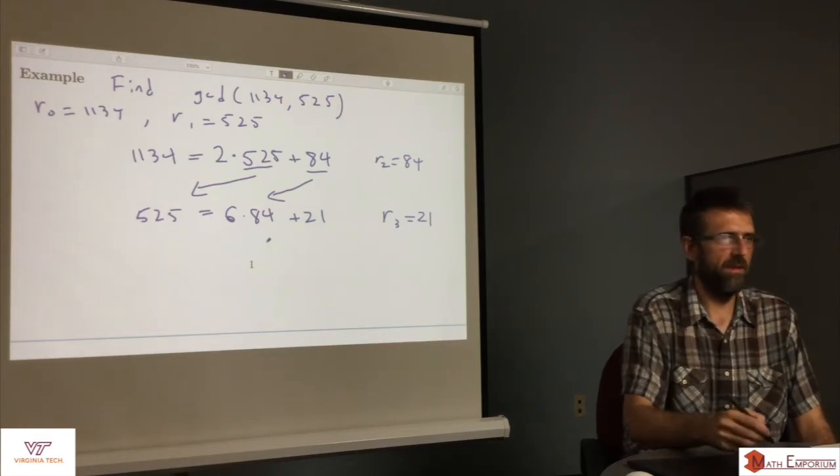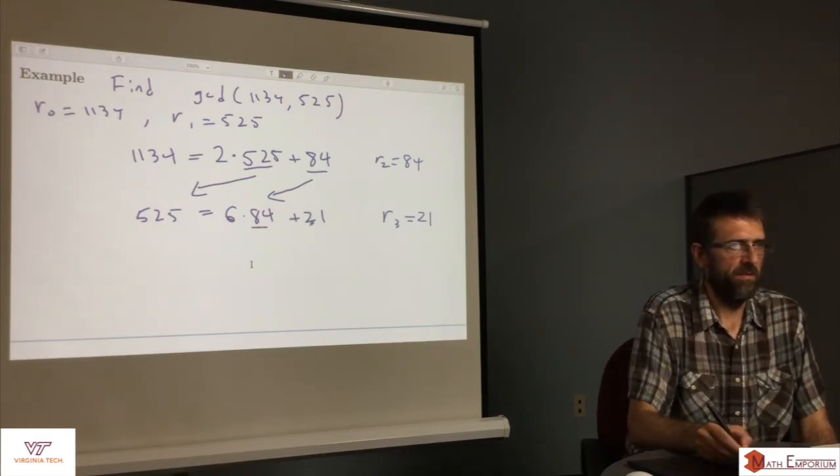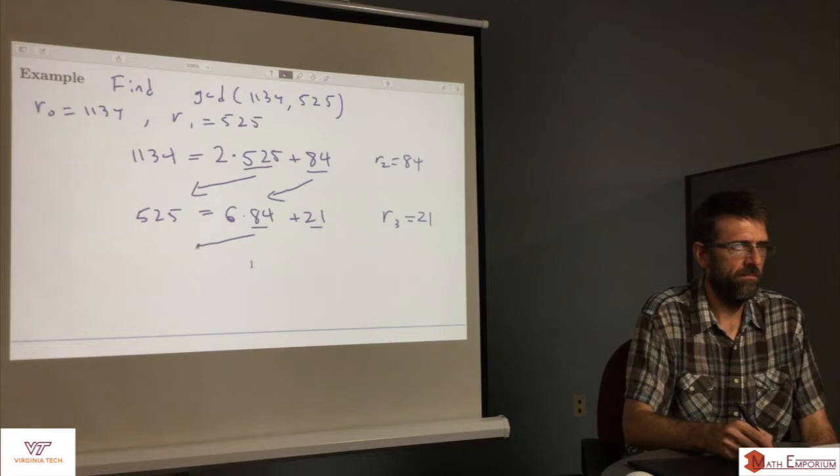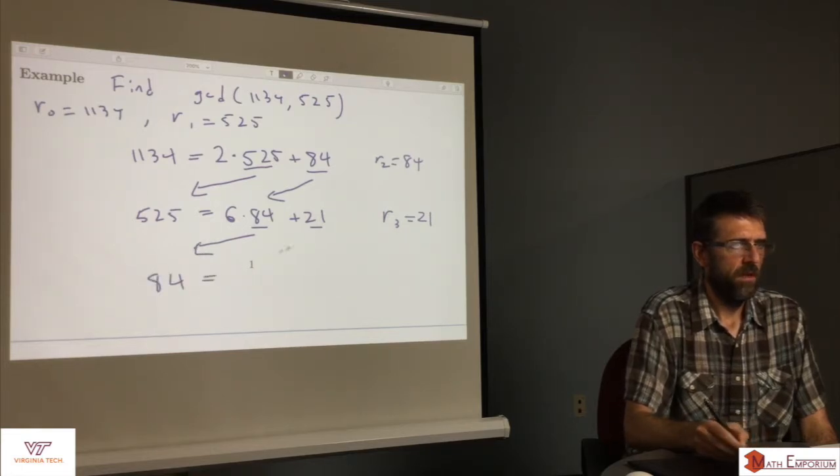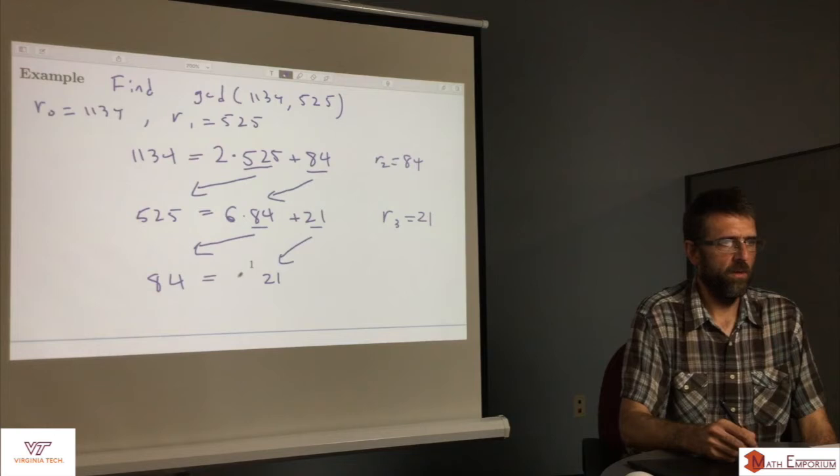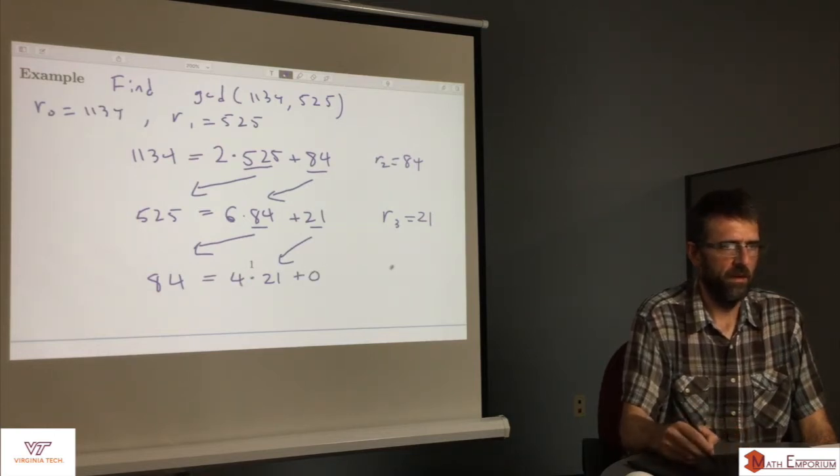Still not 0, and so I'm going to do this shift again. Now I'm going to divide 21 into 84. 21 goes into 84 4 times with a remainder of 0.